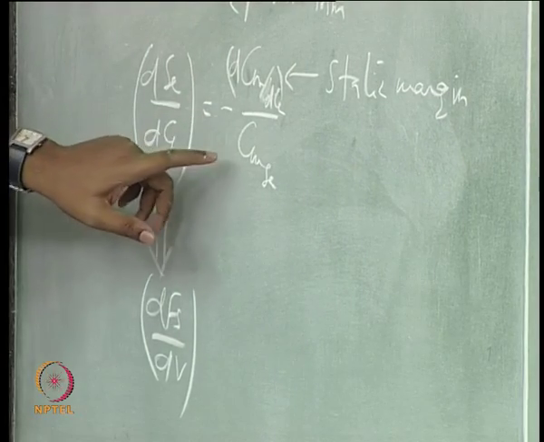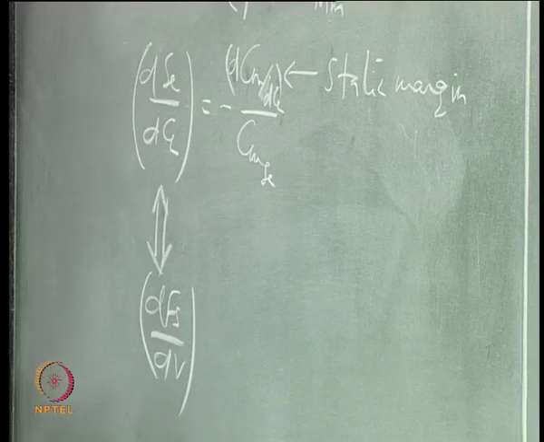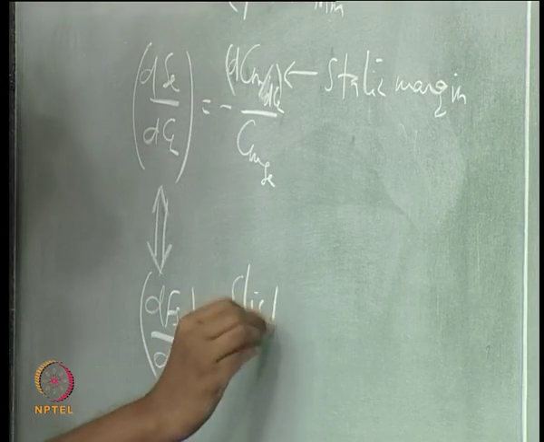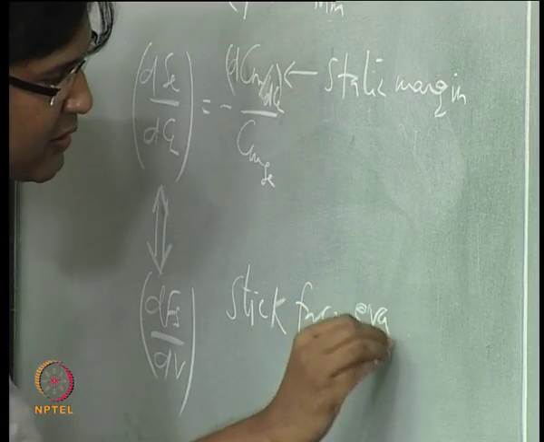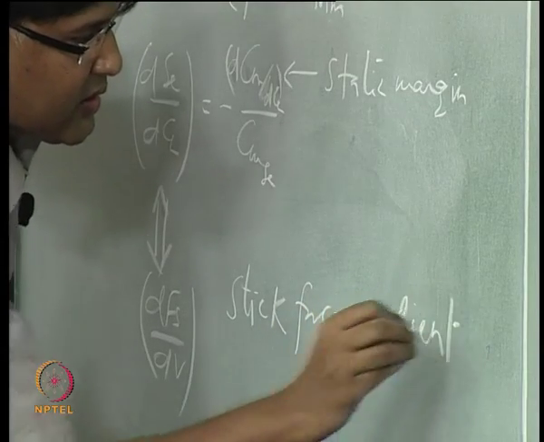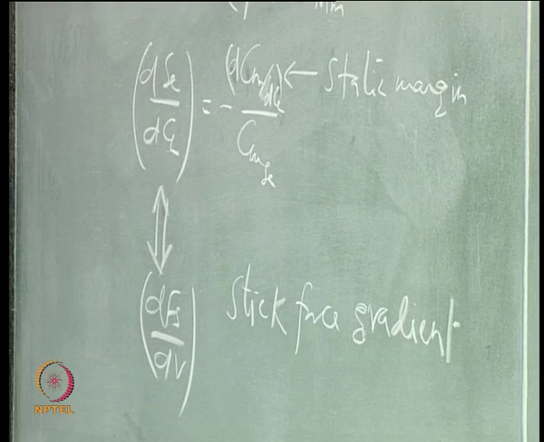Okay, let's try to find out what this derivative is. Okay. This is called control force gradient or stick force gradient and it is related to aircraft speed stability.